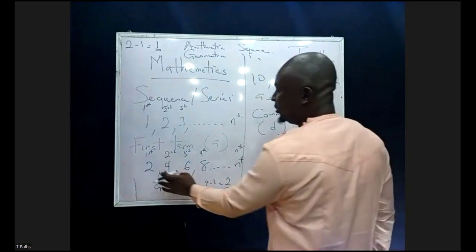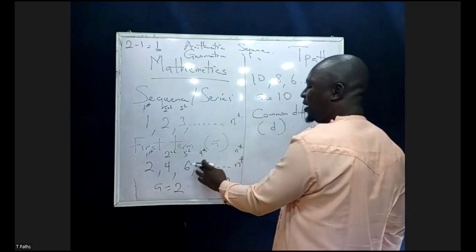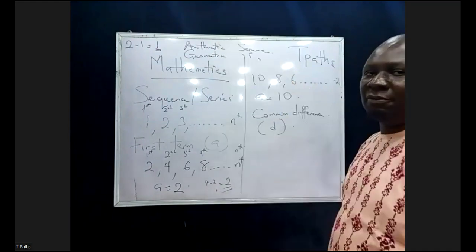When you add 2 to 2, it gives you 4. Add 2 to 4, it gives you 6. Add 2 to 6, it gives you 8. Add 2 to 8, it gives you 10, till the nth term.